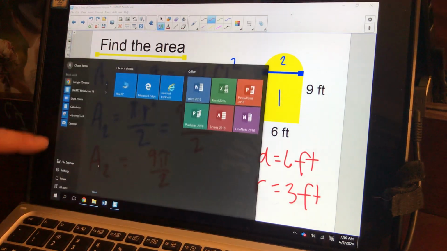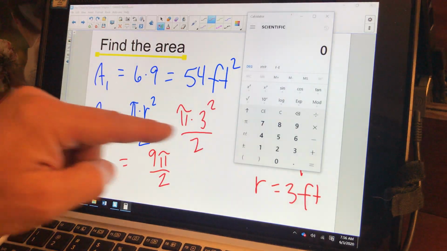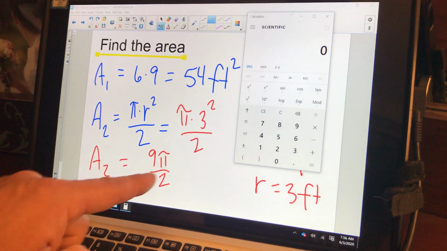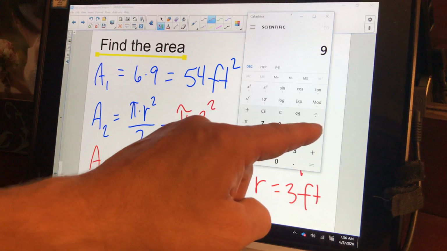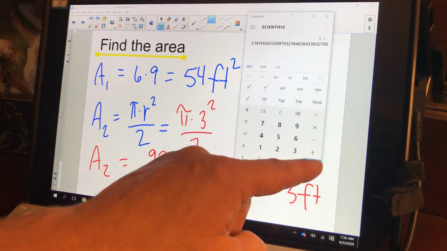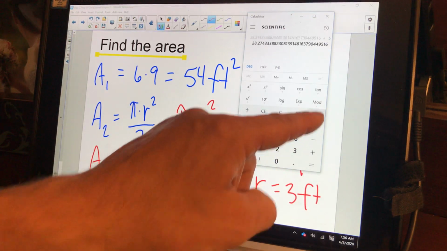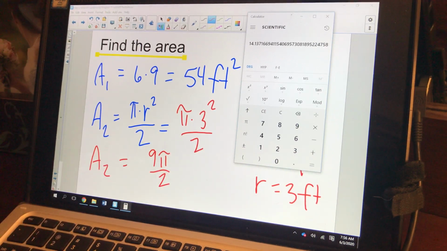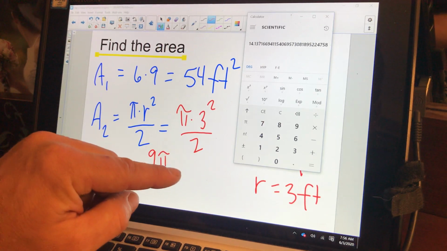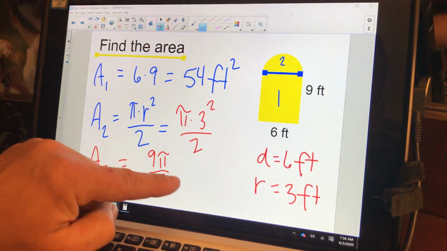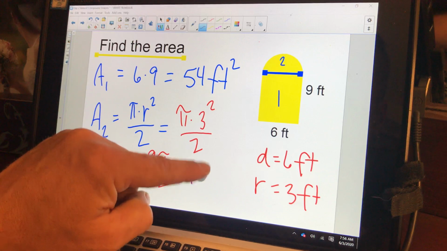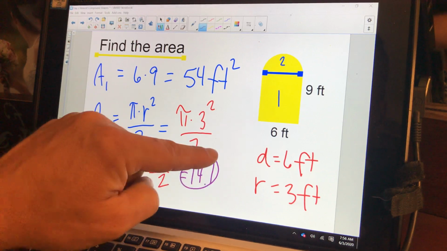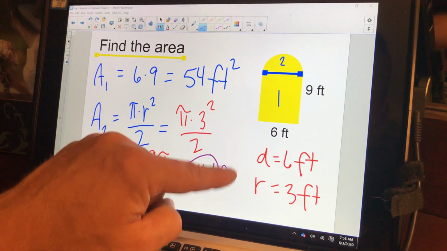Let's see if I can do that all at one time using my calculator. 9 times pi equals, divided by 2 equals 14.137. Now I'm just going to make it 14.1 feet squared.